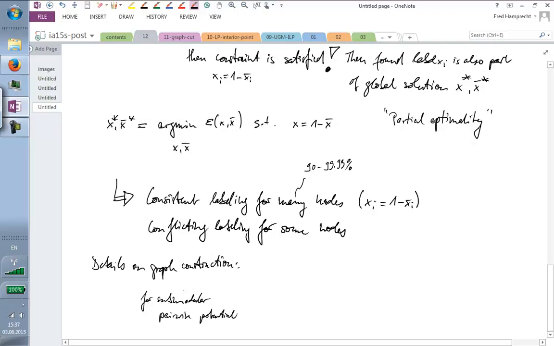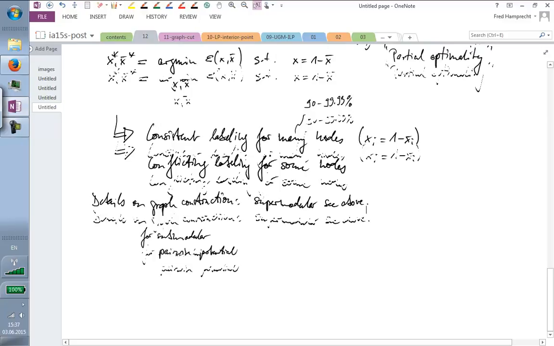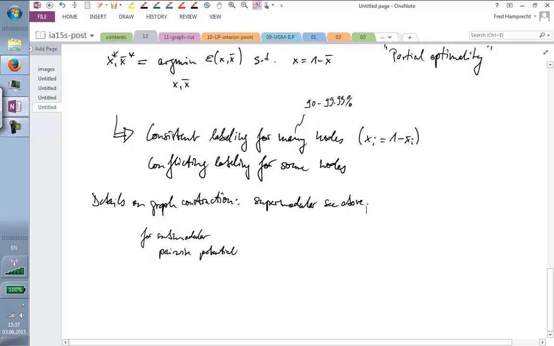The supermodular case above. And for the submodular pairwise potential, we use a different reparametrization, namely the following. I'm going to define epsilon of xi and xj and xi bar and xj bar as follows.